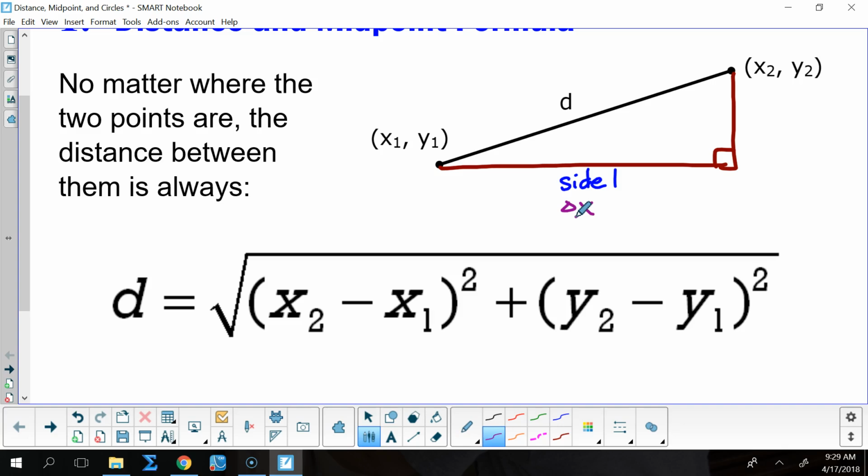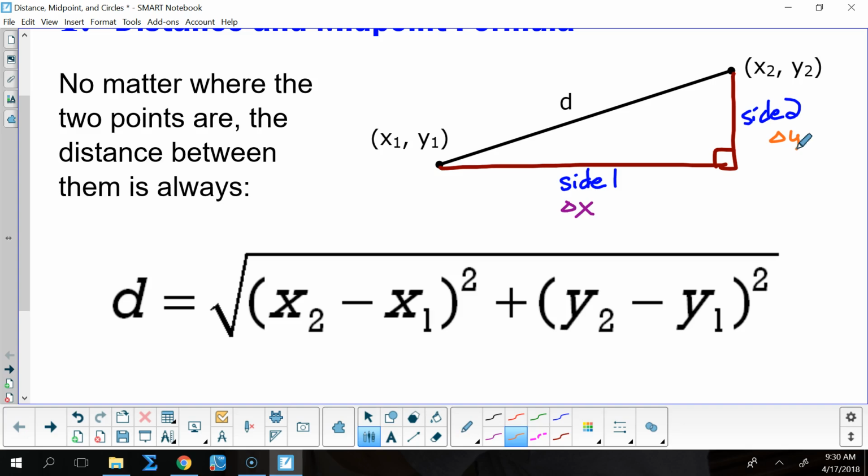Then I'd have to find this distance, which is like my rise in rise over run, my change in y's.